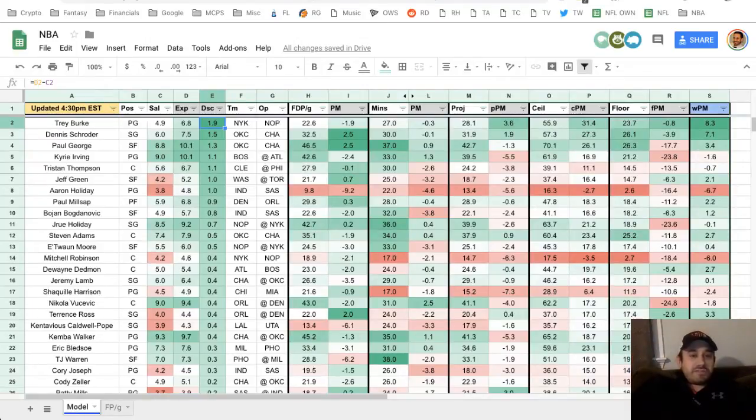Dennis Schroeder, same deal. He's a $6,000 player, but recently he's performing as a $7,500 player based on the 5x value multiplier constant. And just for fun, we can change this.